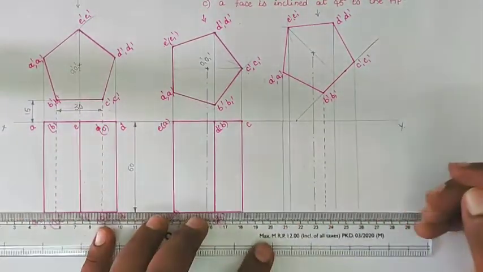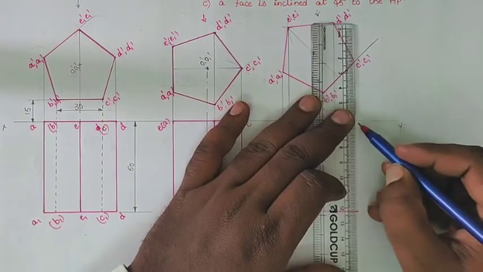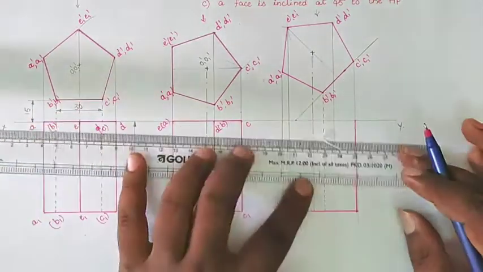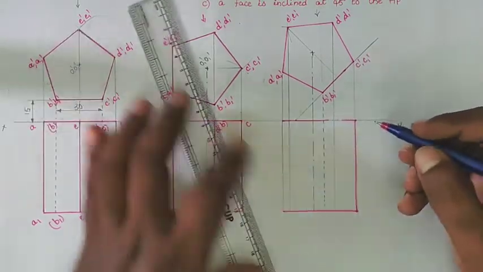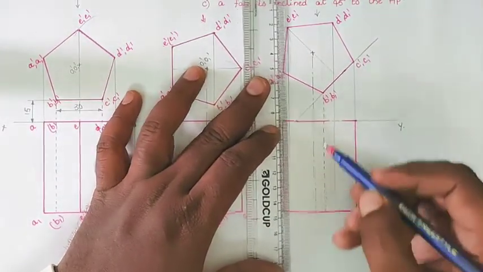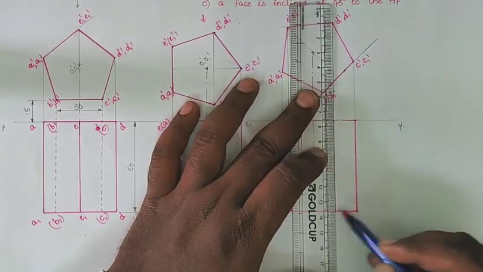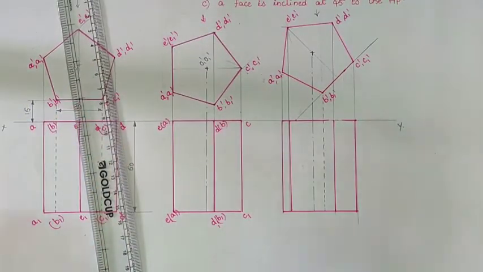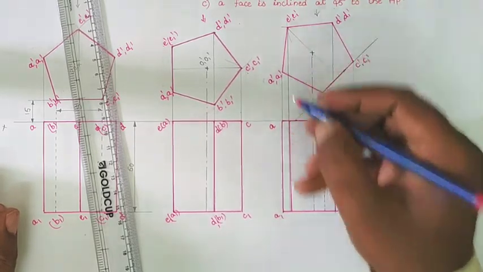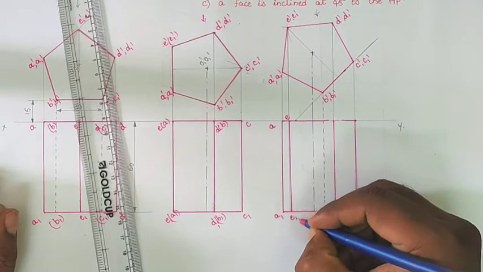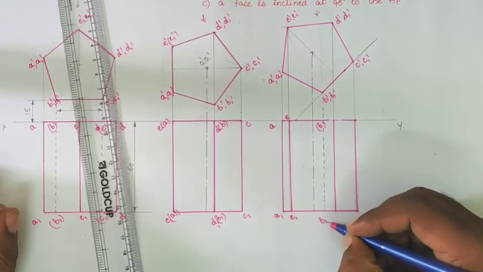So draw the front view, the top view as a rectangle face. So here, this is A and A1, and this is E1, and this is B, which is invisible, located in brackets, B1.